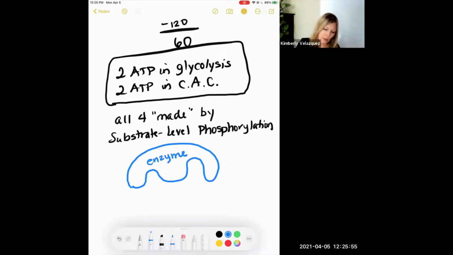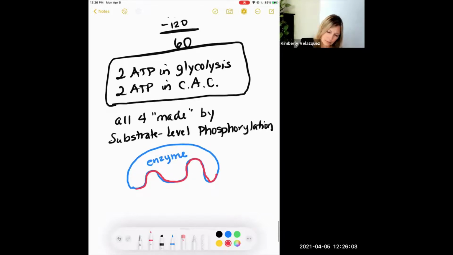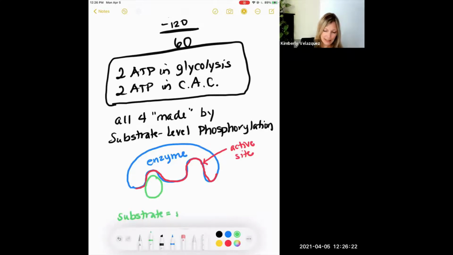Remember that this part where the reactant binds is called the active site of the enzyme. And when a reactant binds to an enzyme, it's called the substrate. So the substrate is the reactant in an enzyme catalyzed reaction.